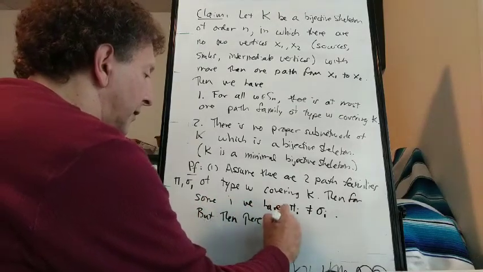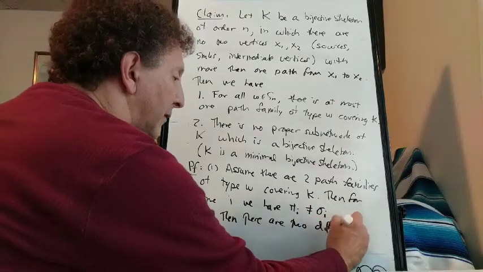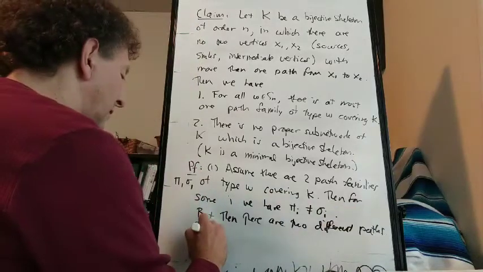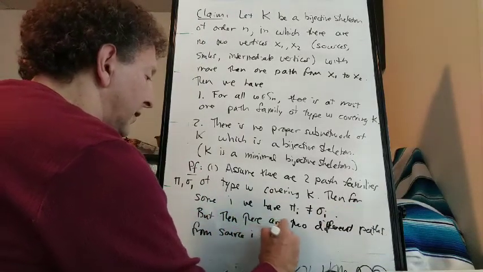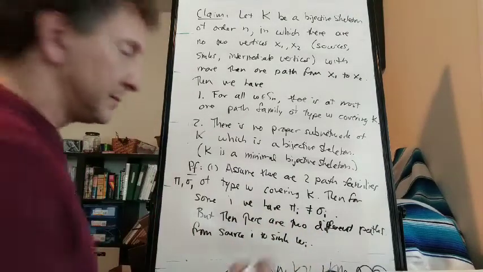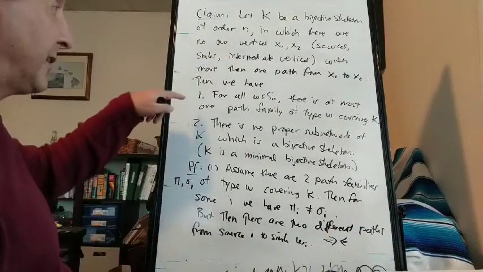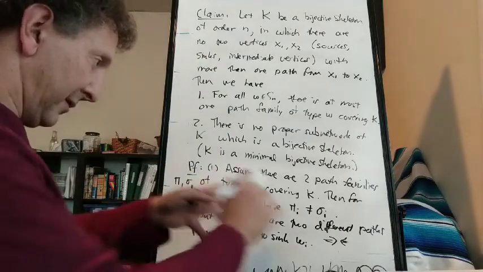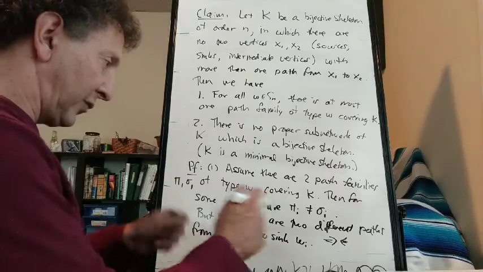But then there are two different paths from source i to sink w_i, contradicting the fact that this bijective skeleton has the property that there are never two different paths from one vertex to another vertex.